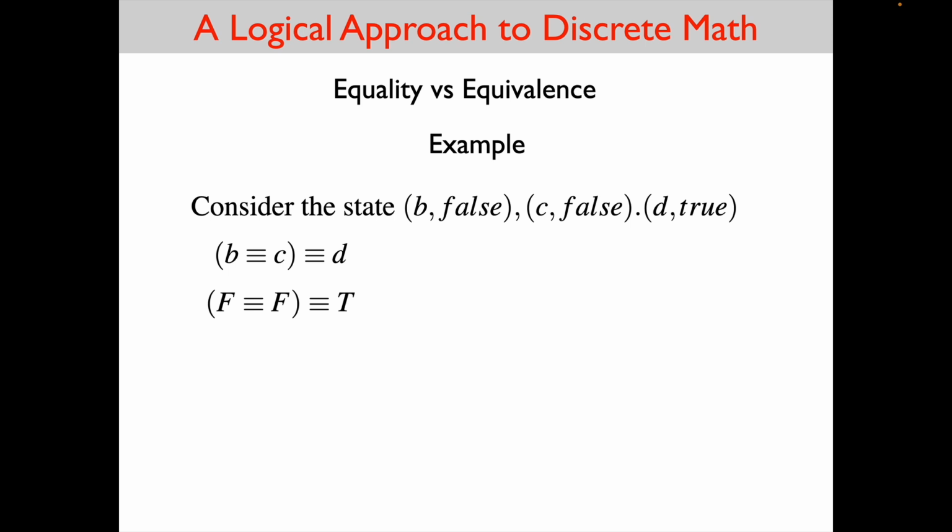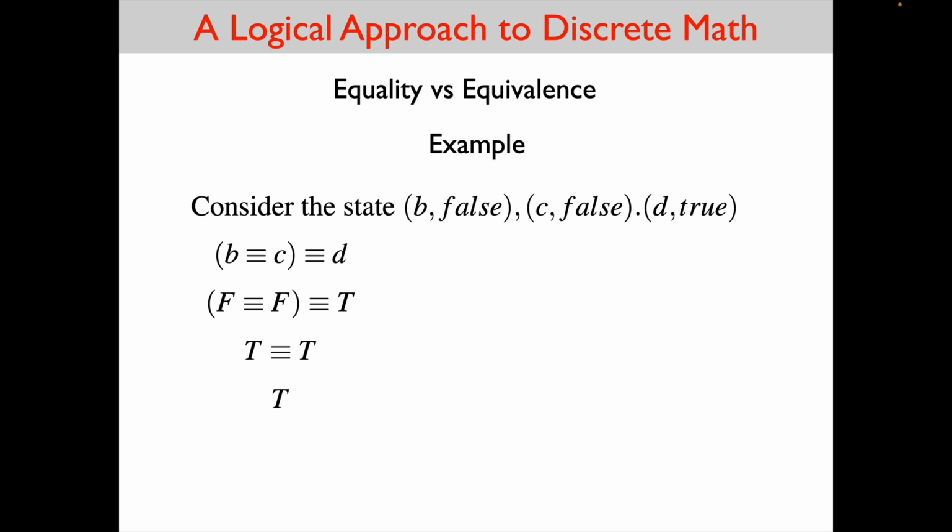Because we have the parentheses around the first pair, what is false equivales false? Do you remember what that would be from the equivales truth table? That's true. And then true equivales true, what is that? Well, they are the same, so that is true. All right, are you with me?